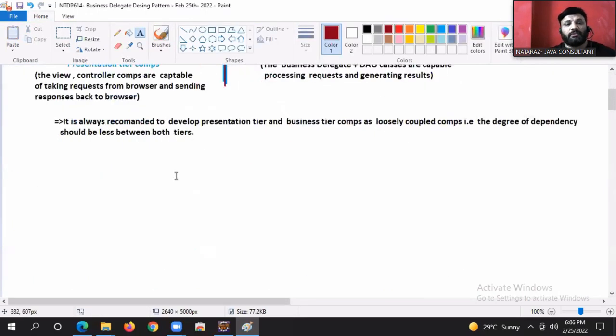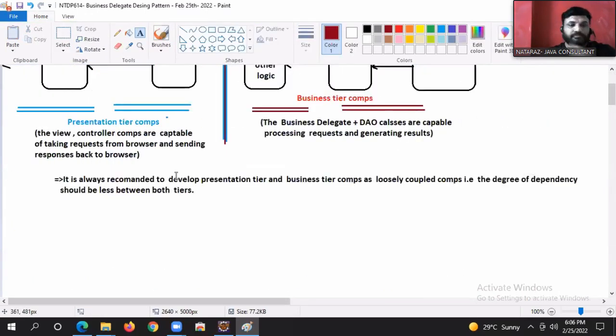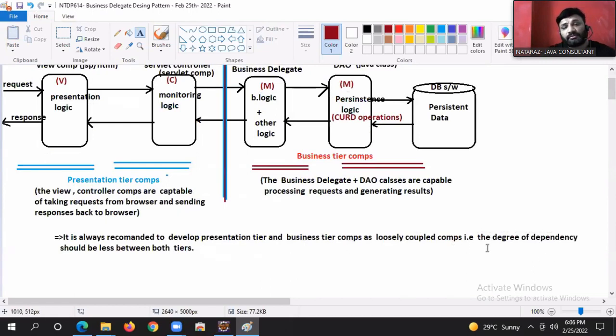Model layer 1, model layer 2. That means the degree of dependency should be very less between both tiers. What do you say, guys?